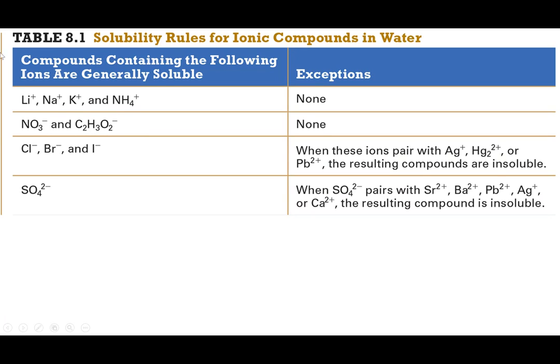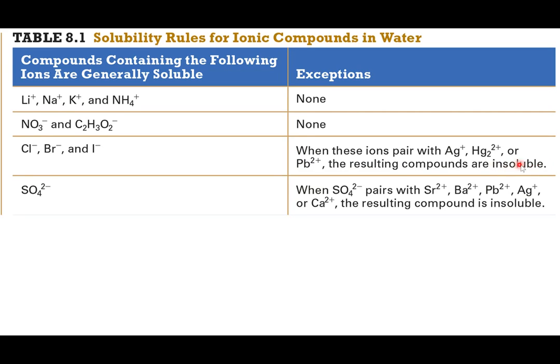Chlorine, bromine, and iodine. So chlorine, bromine, and iodine are generally soluble. So most of the time they will dissolve in solution, unless they are attached to one of these guys. So silver chloride or mercury chloride or lead chloride will not dissolve.